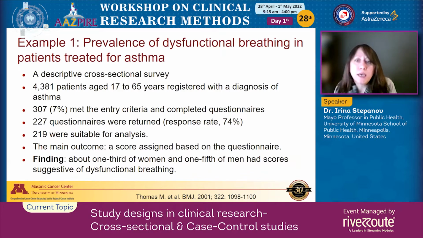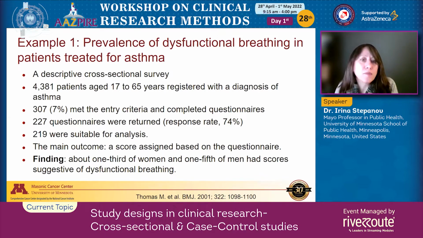They had 4,381 patients aged 17 to 65 years old, with a diagnosis of asthma available from medical records. As you can see, there was some reduction in numbers. Usually you lose participants. 307 met the criteria and completed questionnaires.